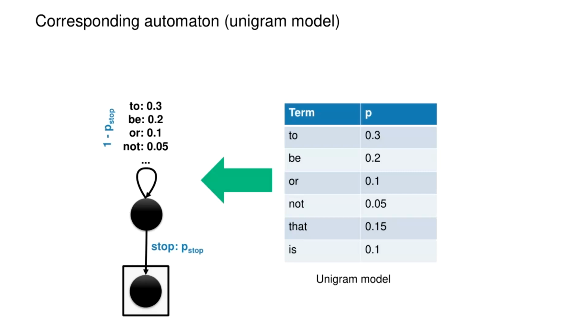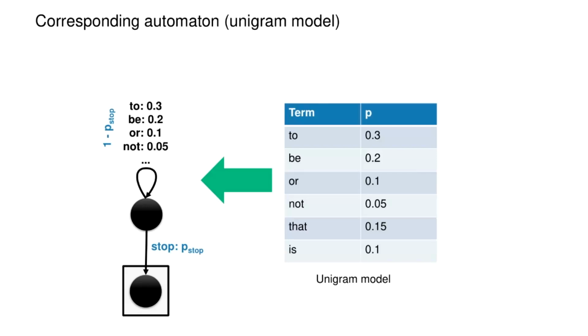And so it means that we basically have an automaton with just 2 nodes, and one node just keeps generating the next word with a specific probability, and then every time you have the p stop, and if you stop, then you go to the sink, not to the sink, sorry, because you accept it. You go to the final state where you accept the words.